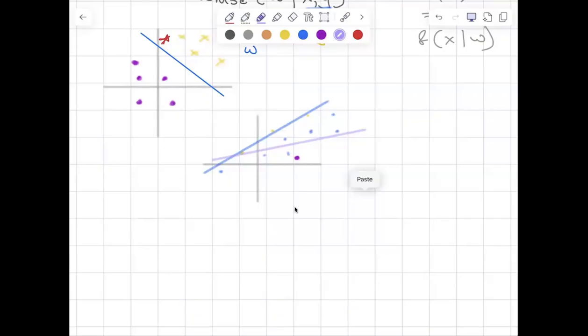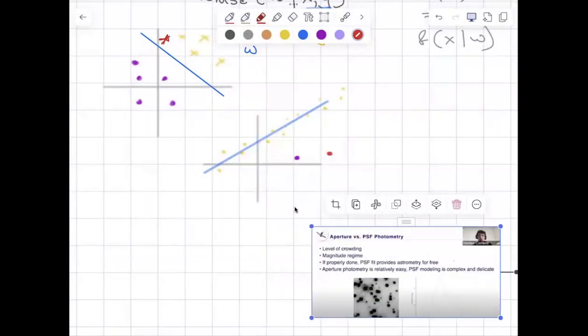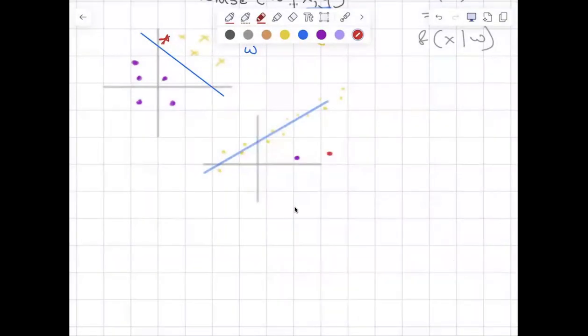In fact, let me say this separately as well. If I have these points, and I include in my training set a point out here. If I have the yellow points, I get the blue line as the model.